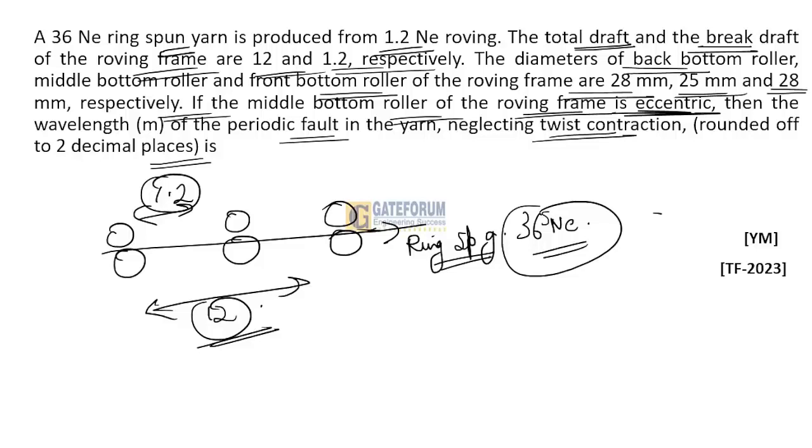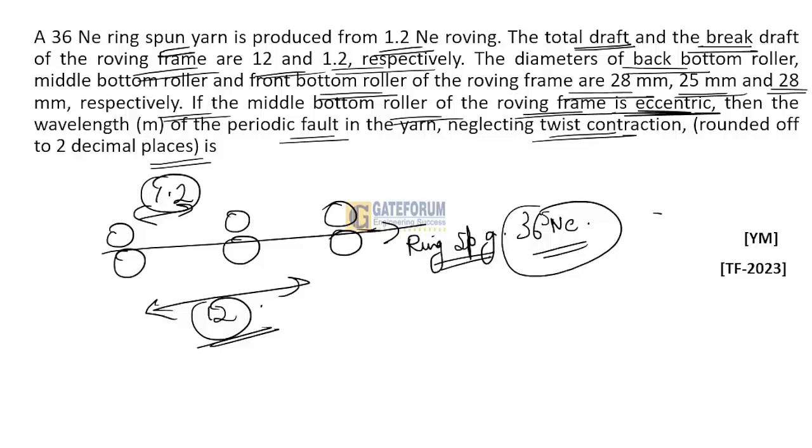The diameters of all these are given. So you will have to calculate the front draft, then the actual draft, then the wavelength. So wavelength is basically total draft into pi into d.